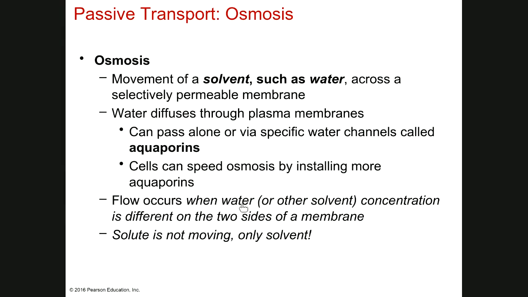So that's a similar definition of what simple diffusion is when it comes to solutes. But I think it's better for you to look at water movement based on not water concentration, but solute concentration. And initially that might not make sense. But if you think of it that way, it's going to help you with some other terms that you need to know.